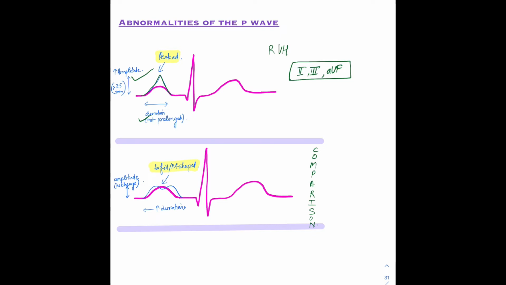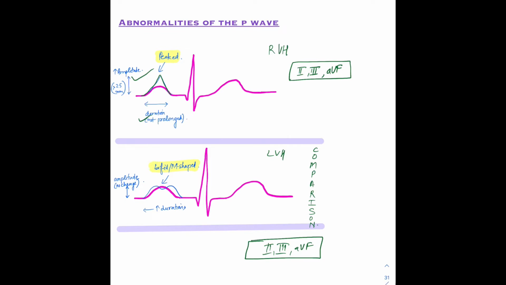So just a comparison and a revision, in case of left ventricular hypertrophy, we can see left atrial enlargement changes, which we will be seeing in the form of changes in the morphology of the P waves, again in leads 2, 3, AVF mainly because they represent the P wave really well.